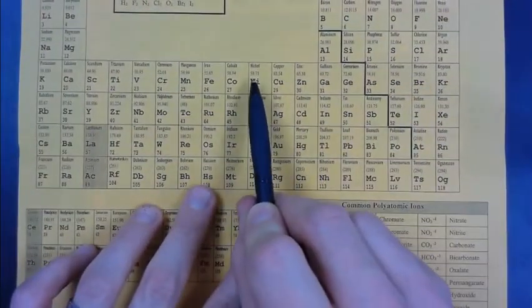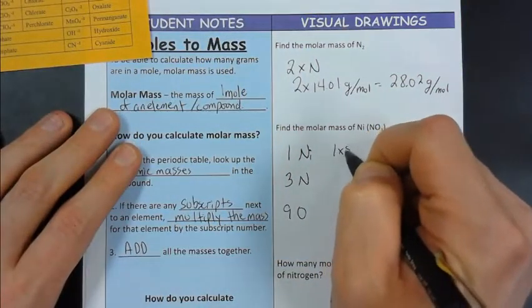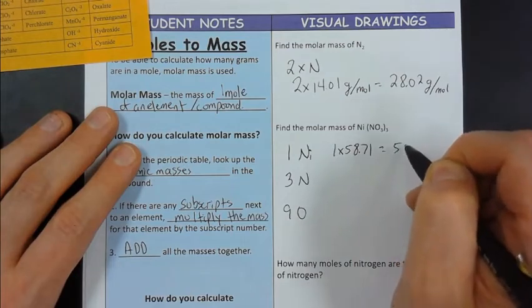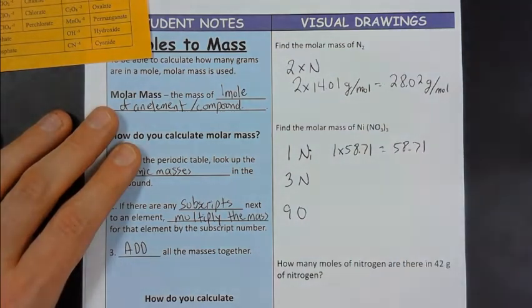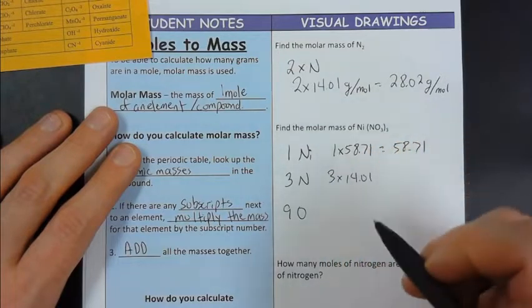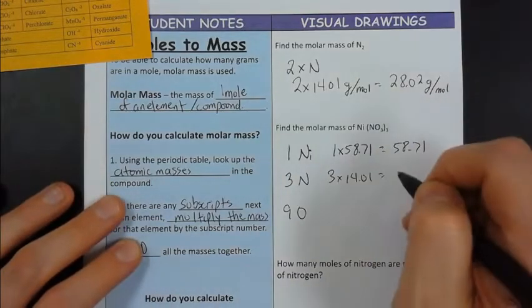That means we need to find nickel on the periodic table, and it's got an atomic mass of 58.71. So this is now 1 times 58.71, which equals 58.71. We've got 3 nitrogens, which we found earlier, so 3 times 14.01, which is equal to, don't trust my mental math, 42.03.